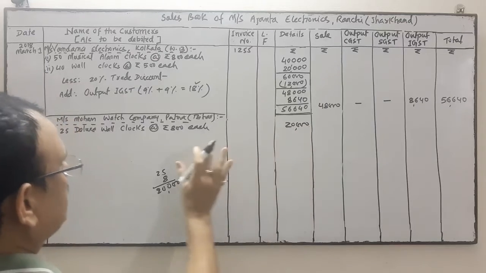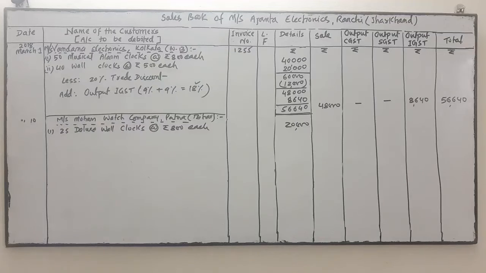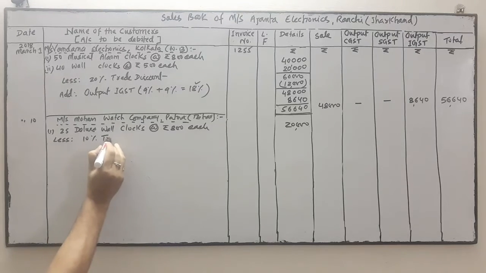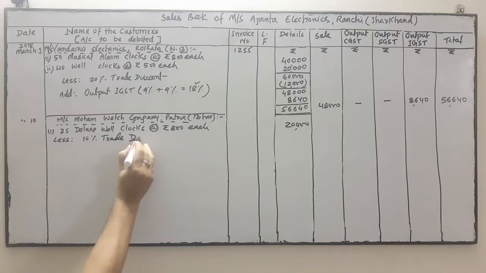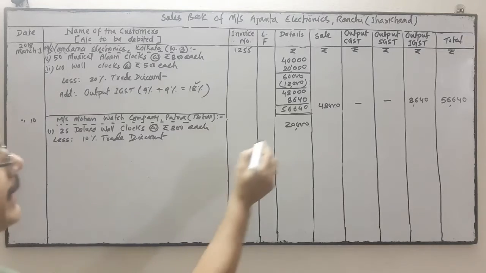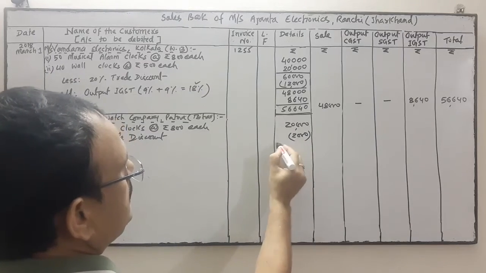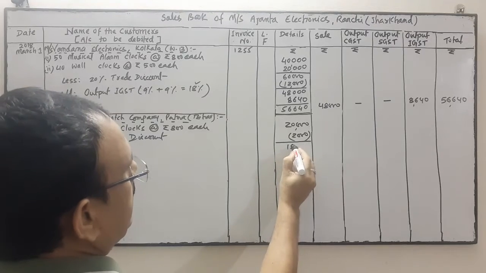Less 10% trade discount: 10% of 20,000 is 2,000. Now it is 18,000.